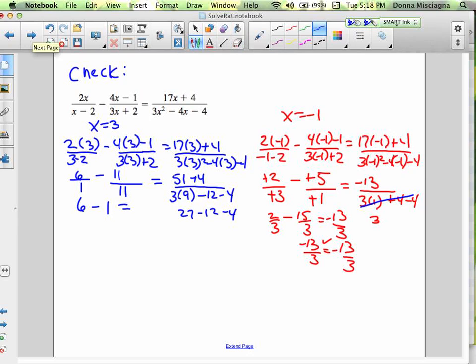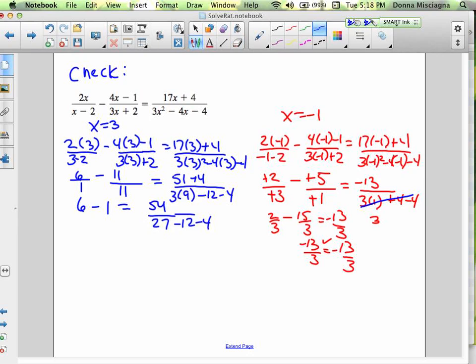All right, and then we have, actually, let me make sure I have all my steps in here. So that's 54. And then 3 squared is 9, and 9 times 3 is 27. And so then we have 27 minus 12 minus 4.